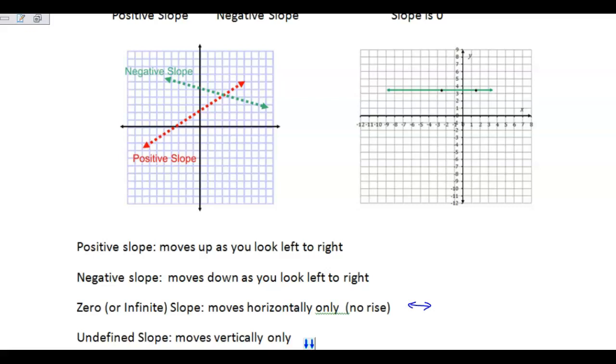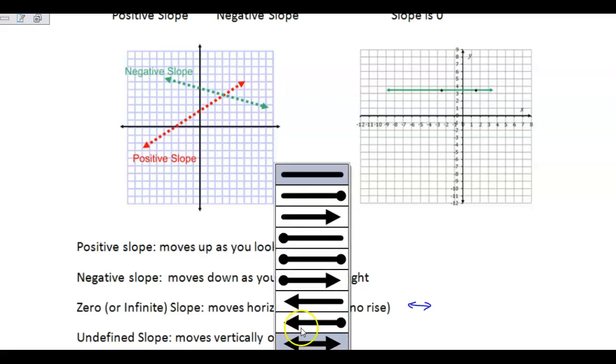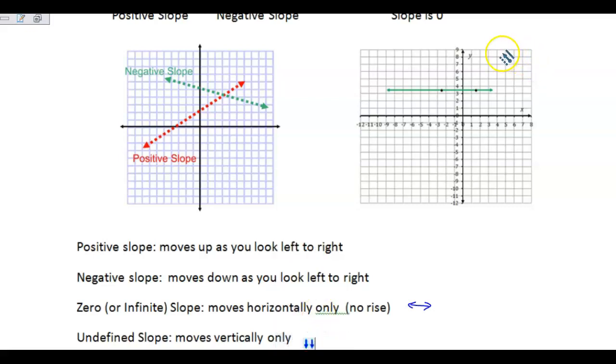So let's see this one here. It's vertical only. It's not got a positive slant or a negative slant to it. It's just going straight up and down vertically. And so this is an undefined slope.